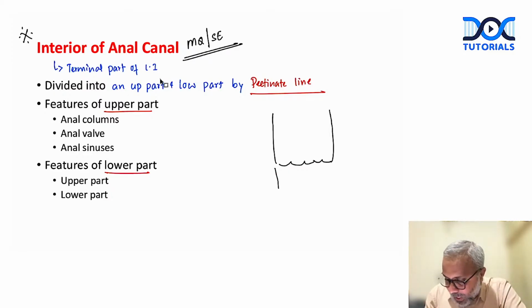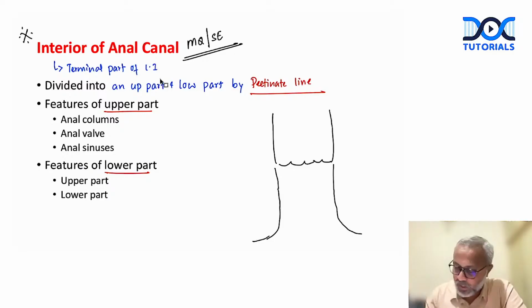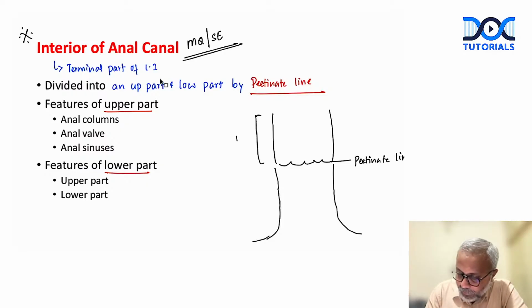The lower part continues further as the anal opening. Now, this line that we have here is called the pectinate line. This upper part measures about 15 millimeters.